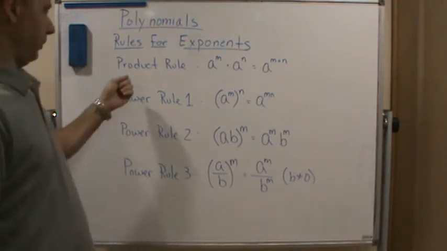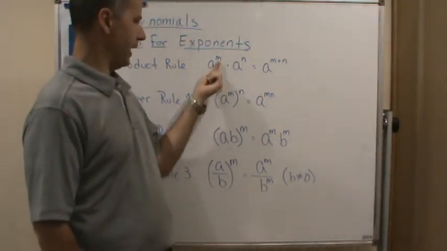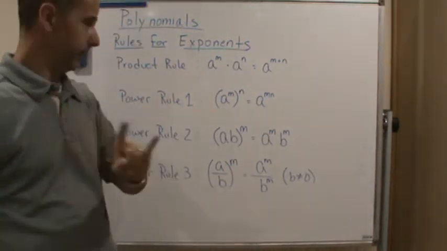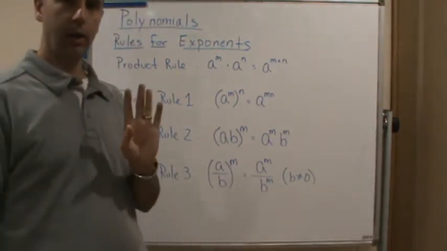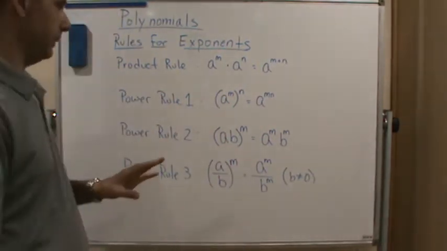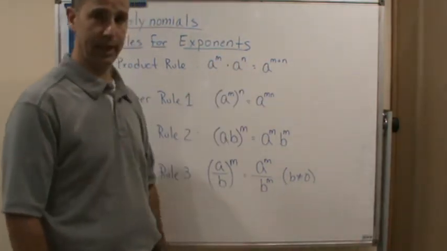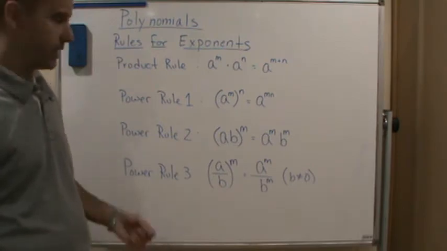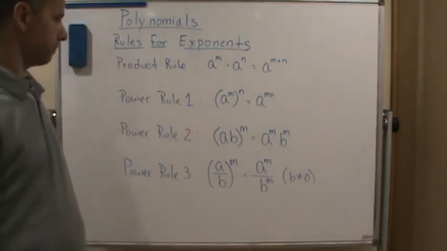So the product rule. The product rule says that if I take a to the m, by the way, a and b, this is true for all real numbers a and b, and for positive integers m and n. So we're assuming that the exponents are positive integers and the bases are real.